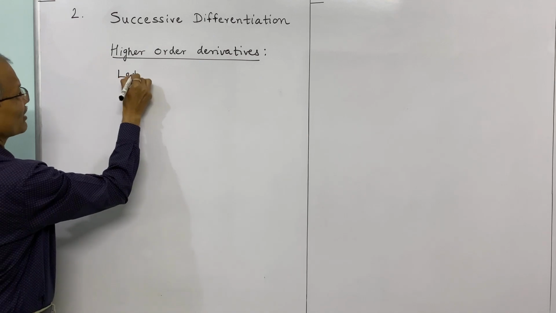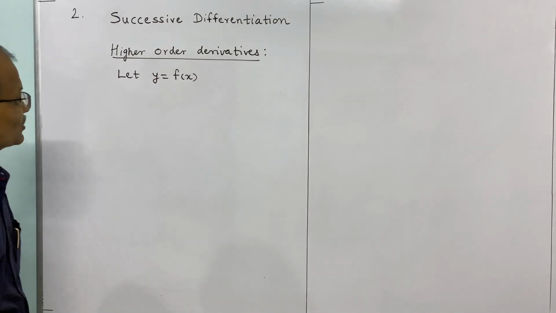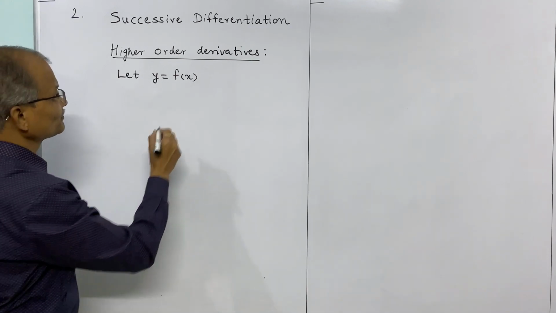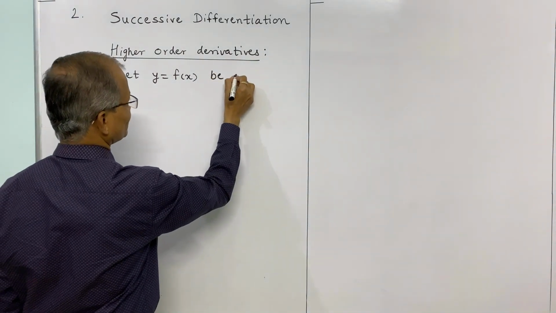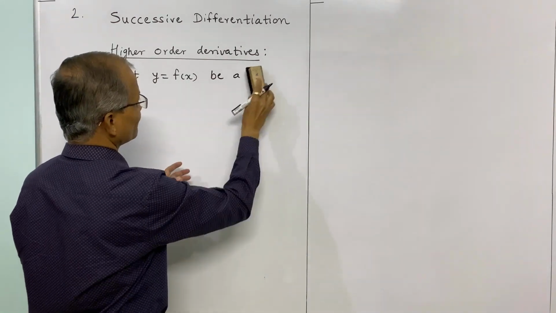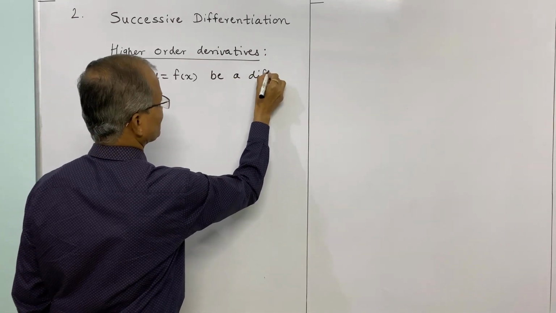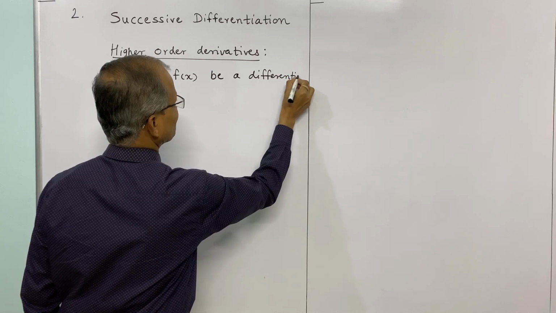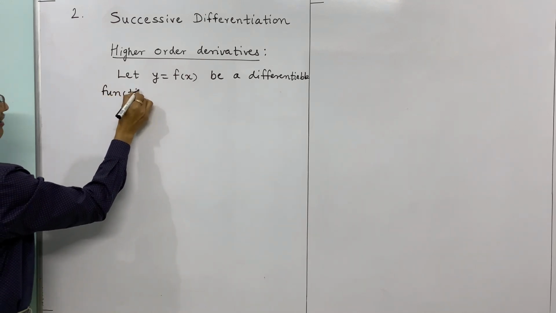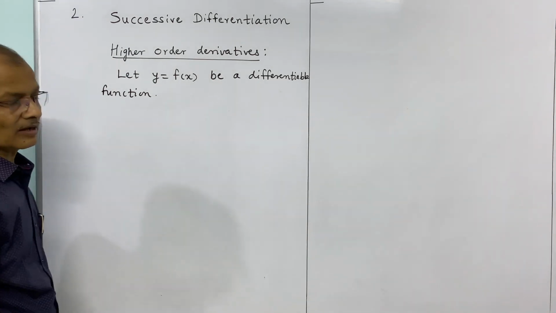Suppose y is equal to f of x be a differentiable function, an n times differentiable function or infinitely many times differentiable function, and suppose it has higher order derivatives, nth derivative and higher order also.